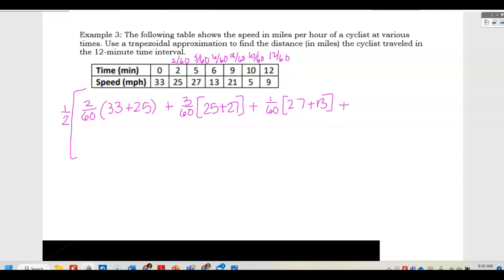Plus 6 to 9, which is 3. 13 plus 21. 9 to 10 is 1. 21 plus 5. And then 10 to 12, which is 2. 5 plus 9.